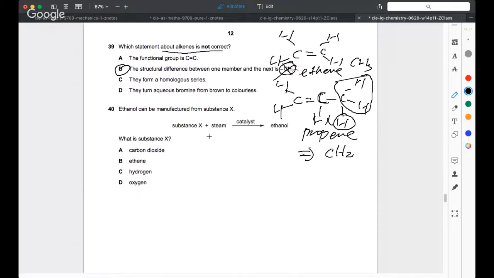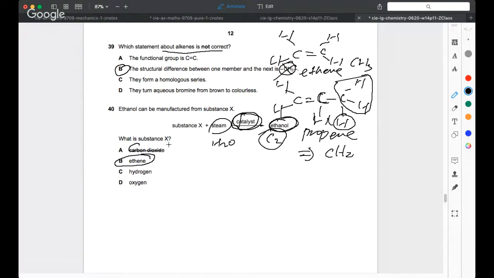The last question. So the last question, the right answer is B, because we are producing ethanol. So first of all, steam is water. So ethanol you are producing, and the catalyst does not take part. So it's unchanged before and after the reaction. Ethanol has two carbons, right?